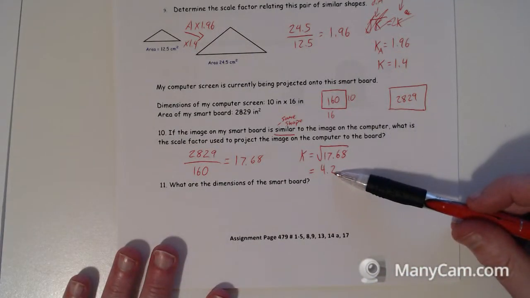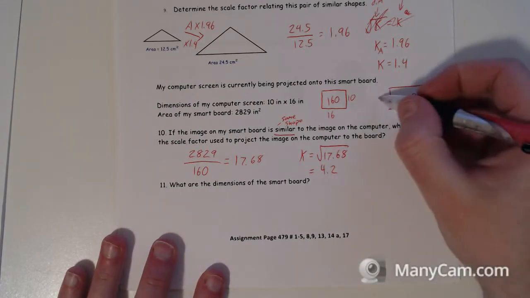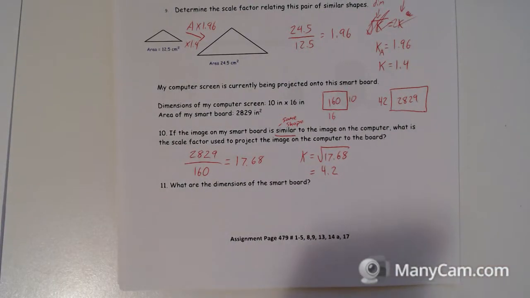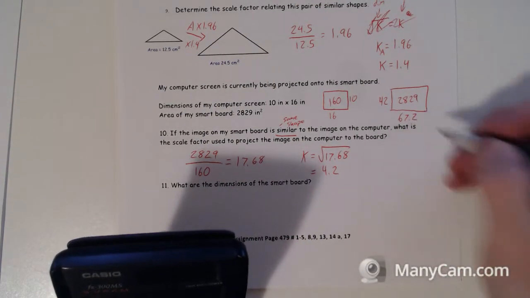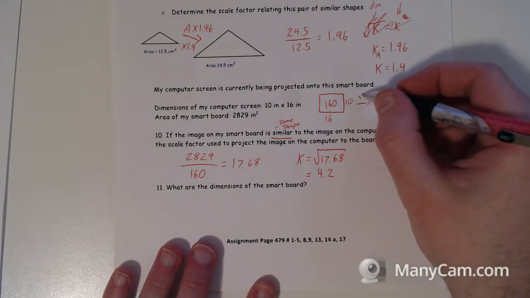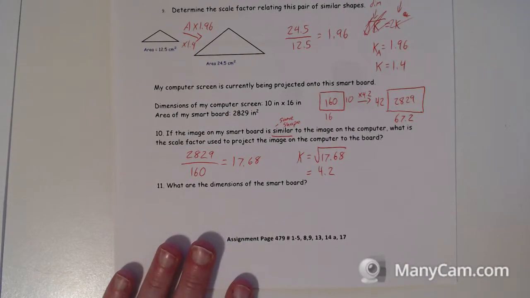So, in theory, the screen is actually 4.2 times bigger, in which case this should be 42, and 16 times 4.2 should be 67.2, if you use that scale factor of 4.2.